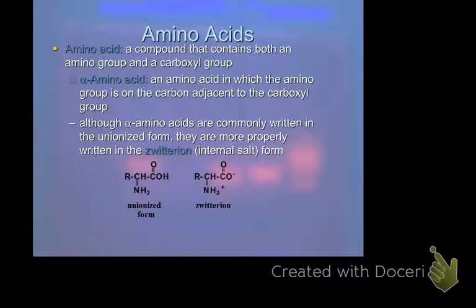Under physiological conditions, free amino acids are going to look like that, because the pKa's of the two ends are within range of each other. And so it's just easier for the carboxylic acid to give up its hydrogen and the amino group to accept it. Okay. And so this is called the unionized form, but in vivo, if it's a free amino acid, under normal conditions, this is our ionic form.